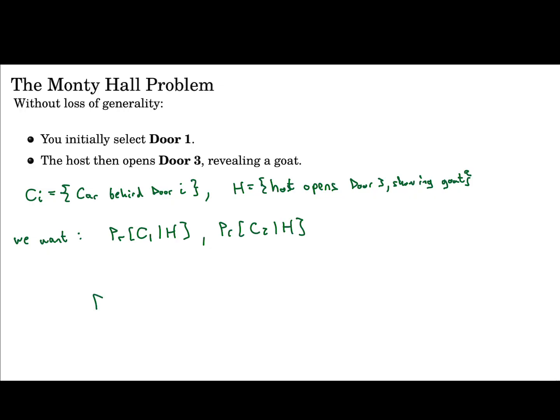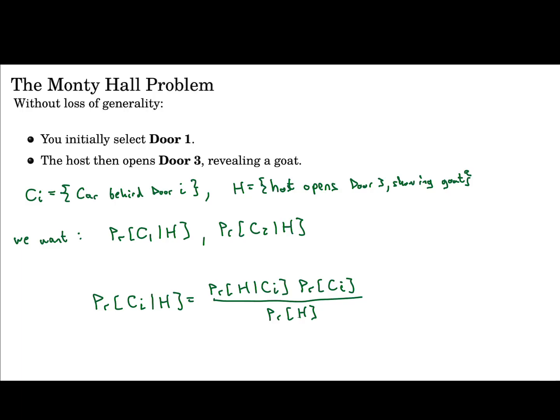So we're going to use Bayes' theorem to look at the probability that the car is in door i given what the host did. It's going to be the probability that the host did what he did, conditioned on the car being in C_i, times the probability that the car is in door i, divided by the probability of the host doing what he does.